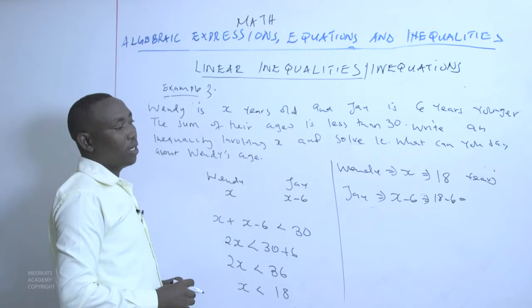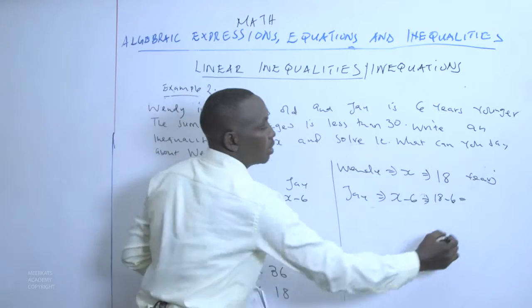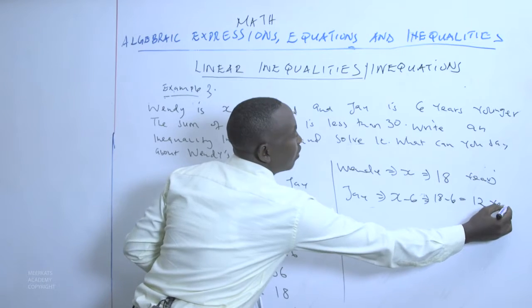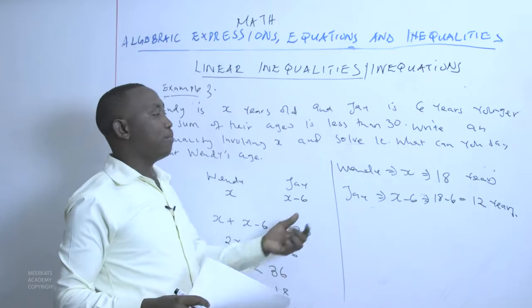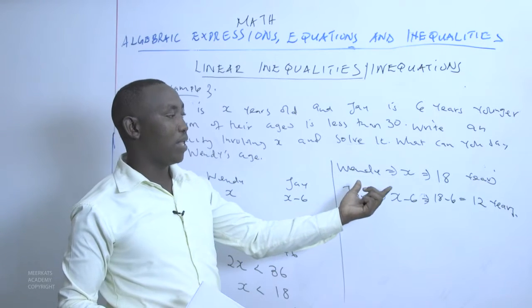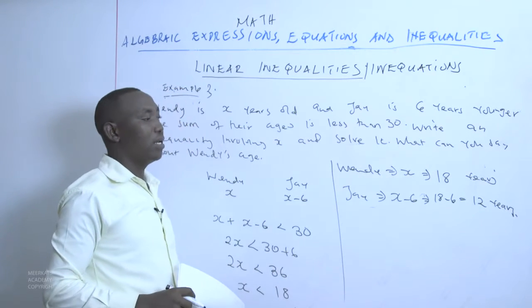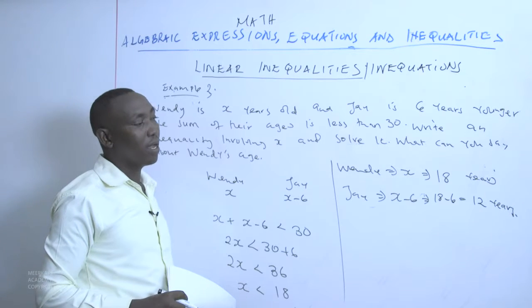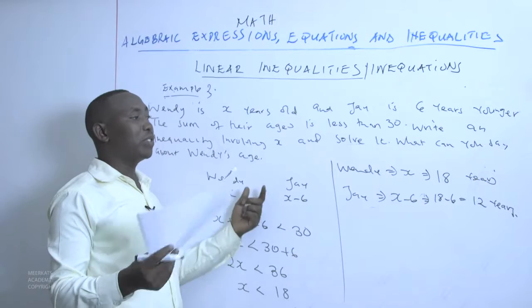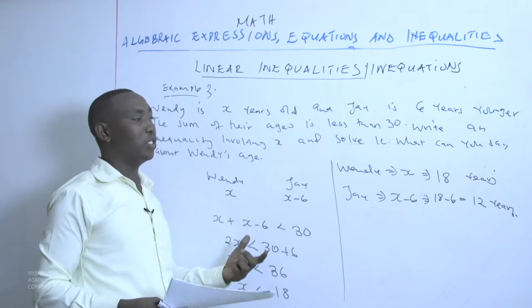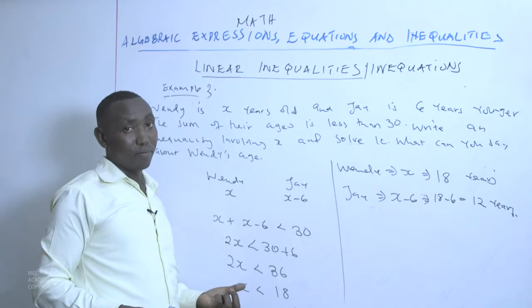And when you take 18 and subtract 6, you'll get 12 years. So you discover that Wendy's age is 18 years, and J's age is 12 years.